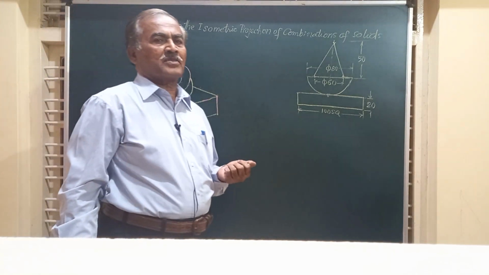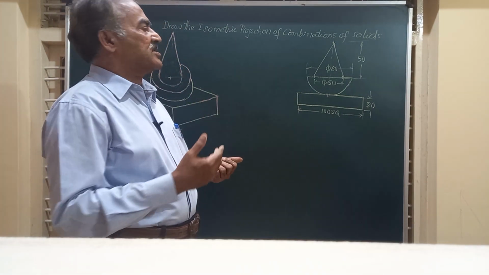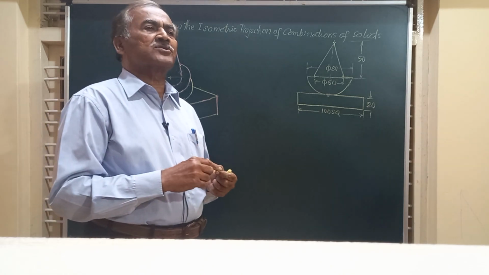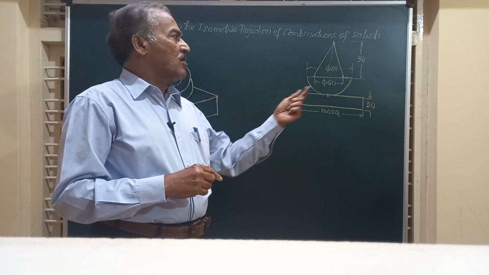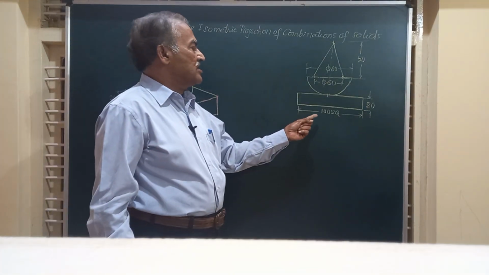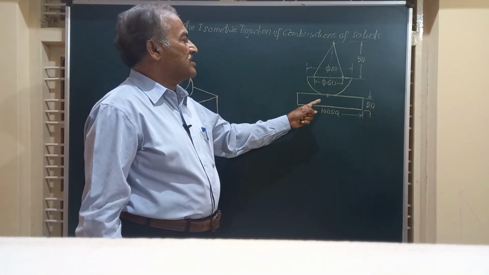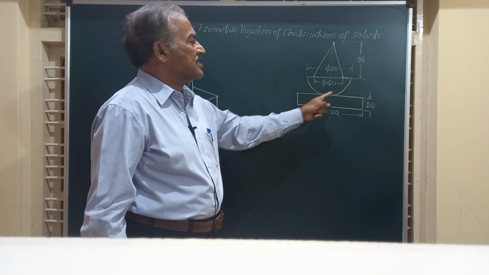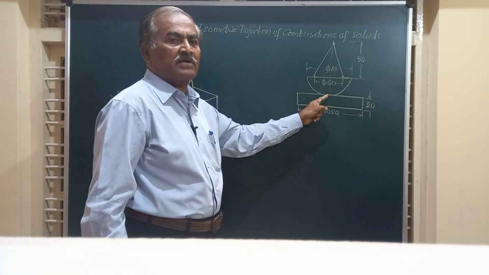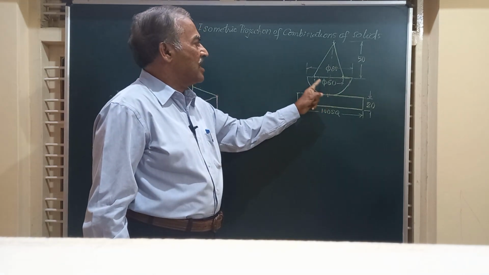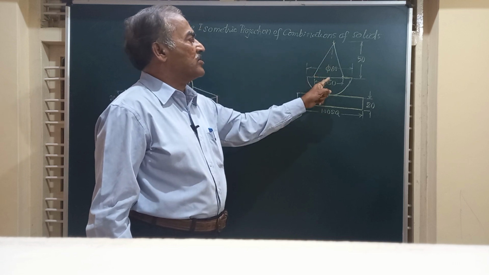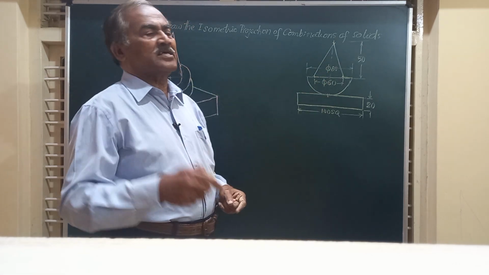Friends, you have seen that we have drawn the isometric projection, that is isometric, of this combination of solids, wherein you have got a square block and on the center of the top face is resting a hemisphere with the curved periphery in contact with the top flat surface, and over the flat surface of the hemisphere we have a cone resting exactly in the center.